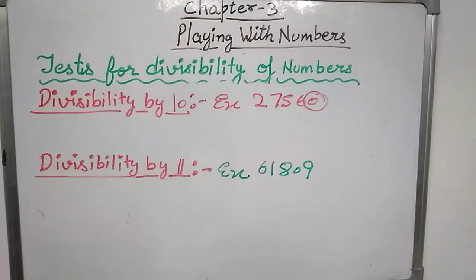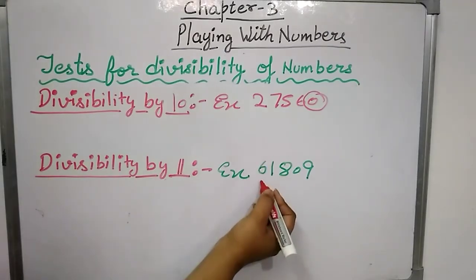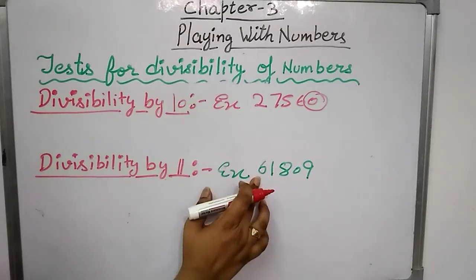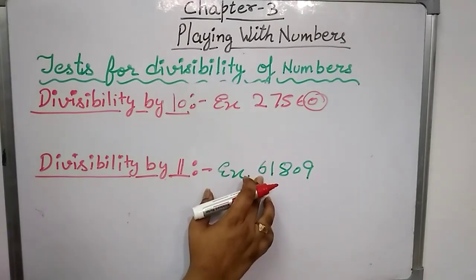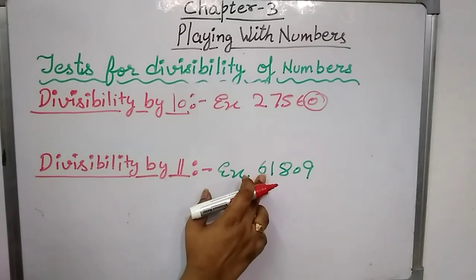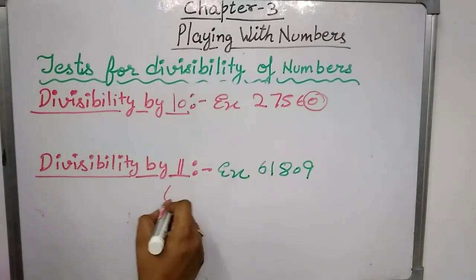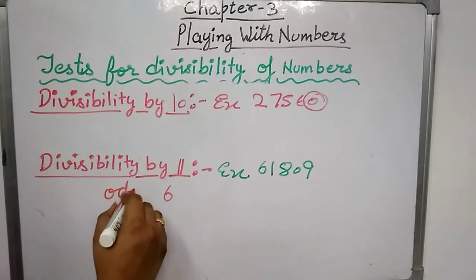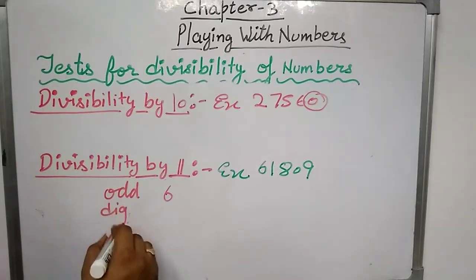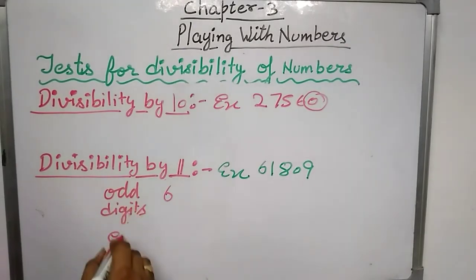Now we will add digits at even and odd places from right side, means from this side. So this is at first position. So first is the odd number, odd digits and even digits.